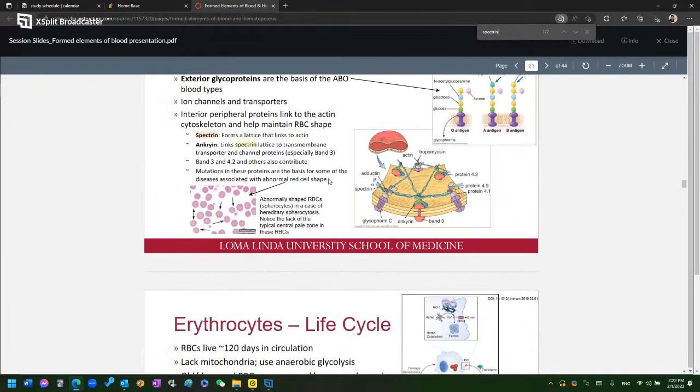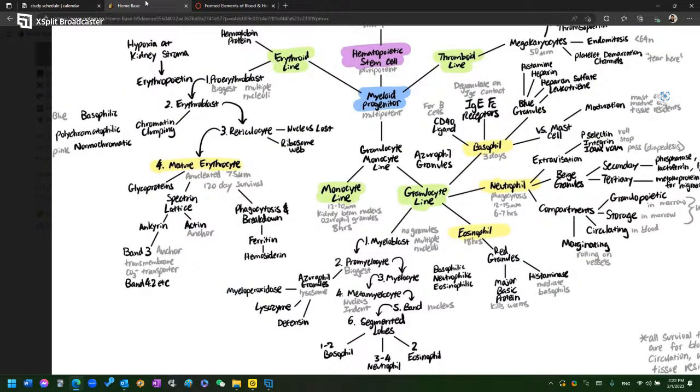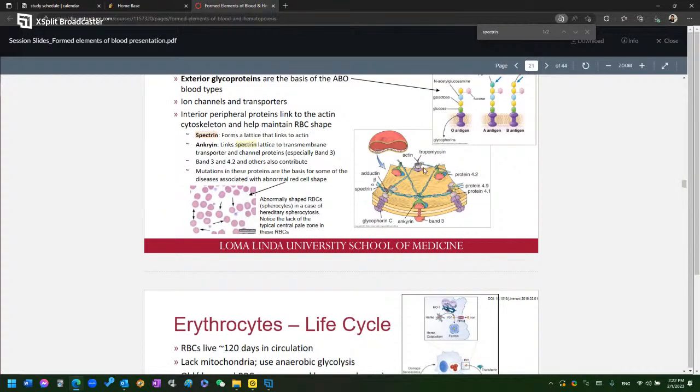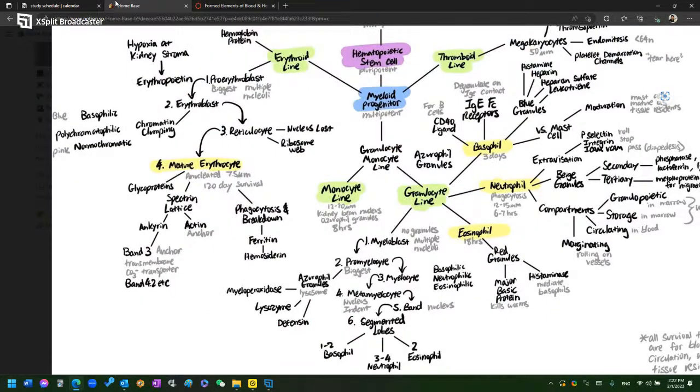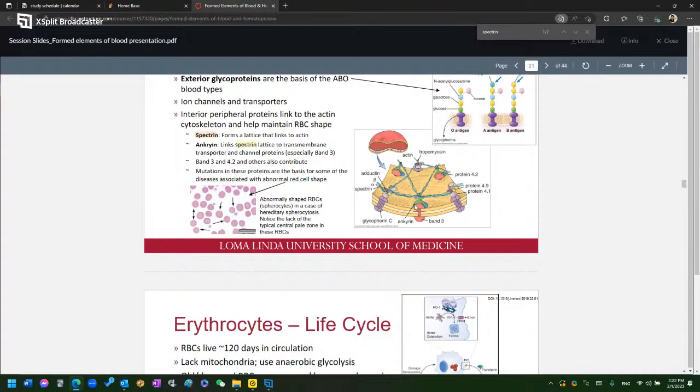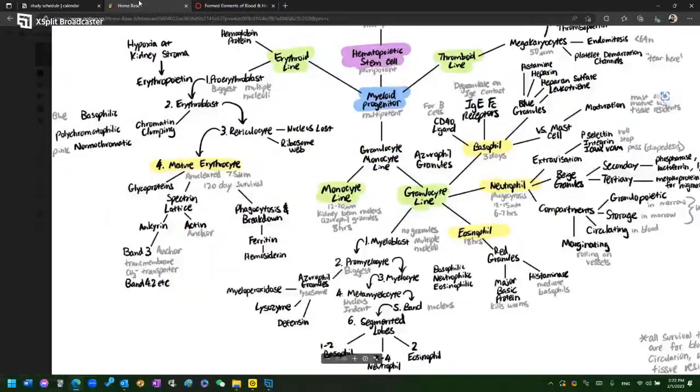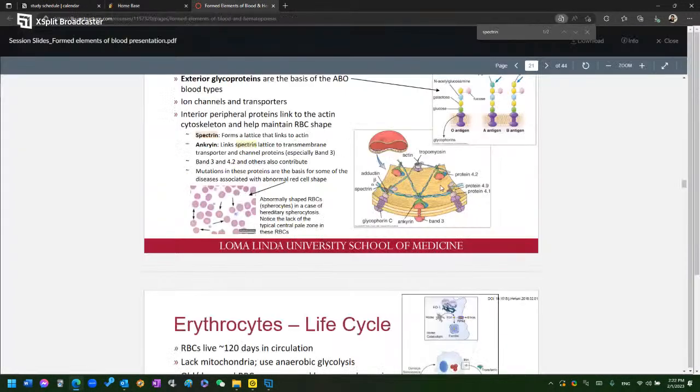So spectrin has this net-like form, and there's a few attachment sites that are involved, and it connects the ankyrin, which is what we see here, with the actin that's inside of the cell. So overall, it's going to be connecting the two and forming that layer.